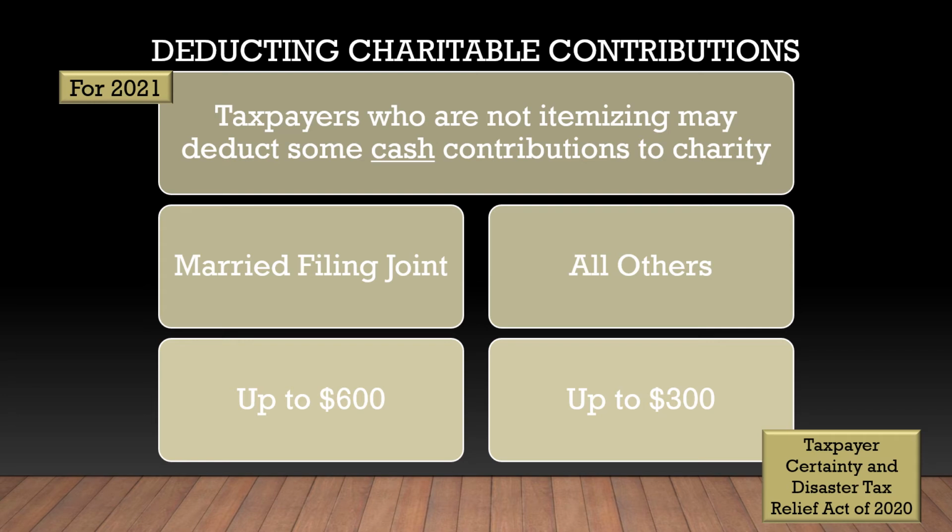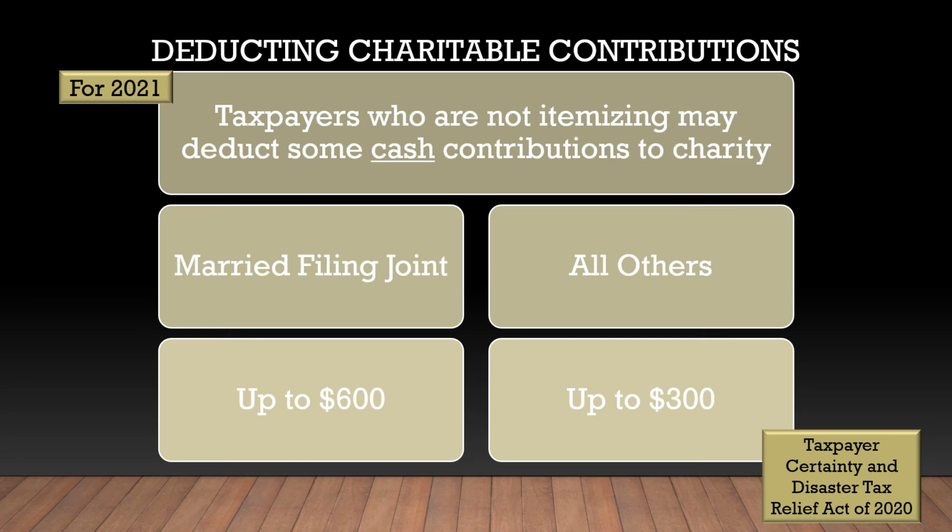Now, this does not require advanced certification. So if you are a basic preparer and our client is taking the standard deduction, but they also have some cash contributions, you can absolutely help them claim this deduction.